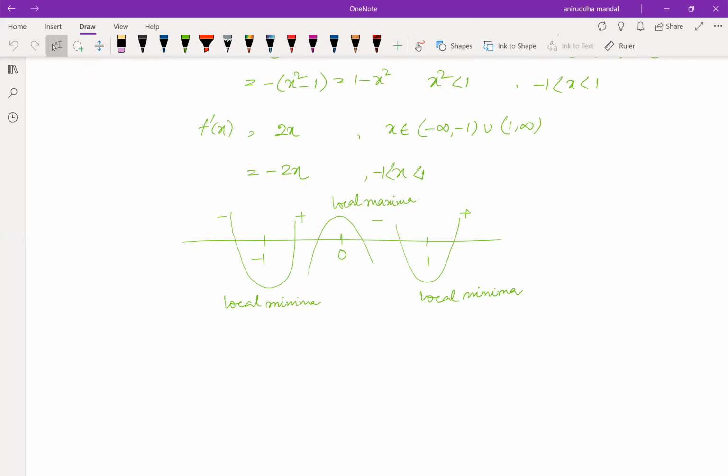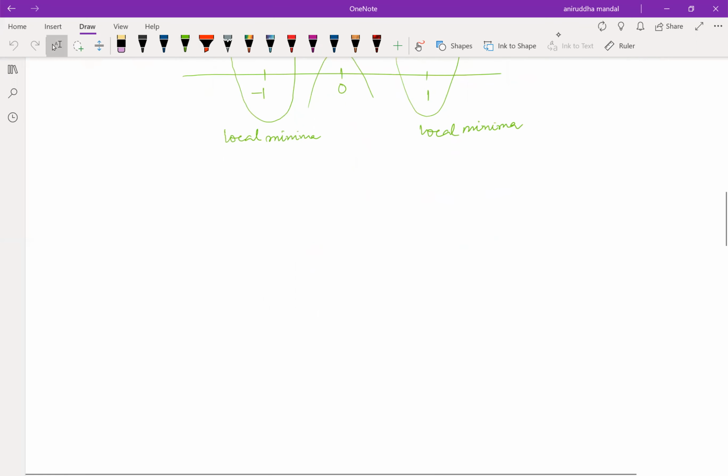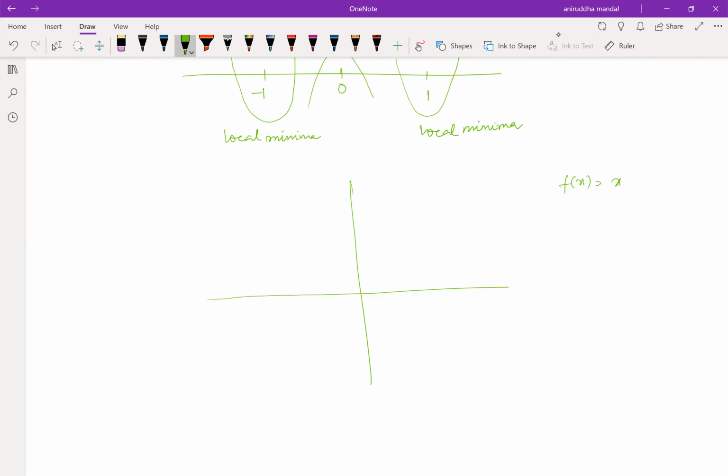Another way of doing this problem is using a graph. So what we can do is plot the function. Our function is given as mod of x square minus 1.